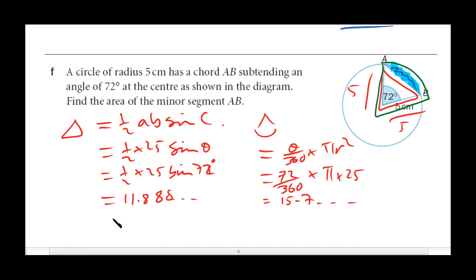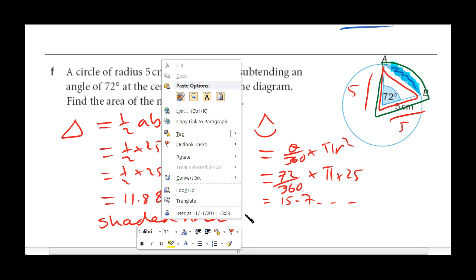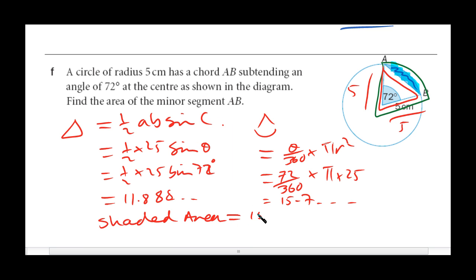So therefore the shaded area equals 15.7 minus 11.88 and so on, and that comes out to be 3.81975, and to three significant figures that gives us 3.82 centimeters squared.